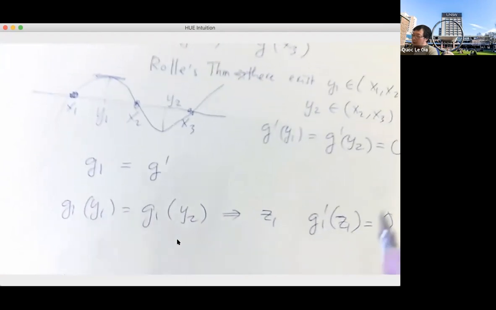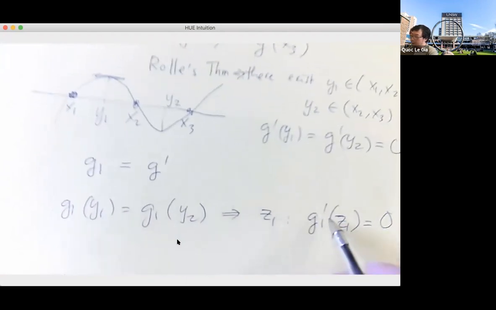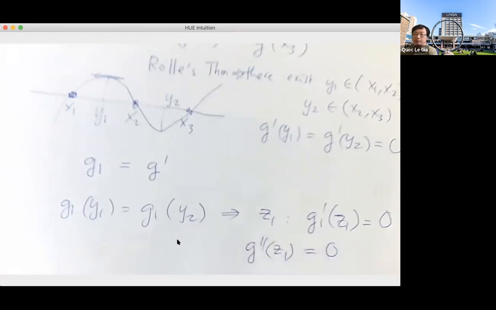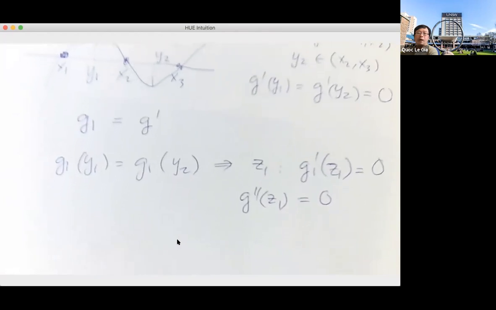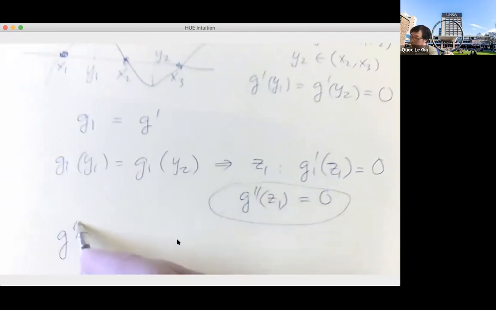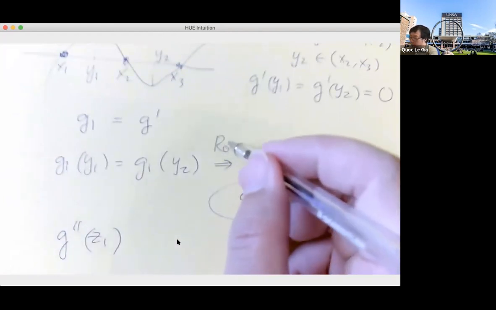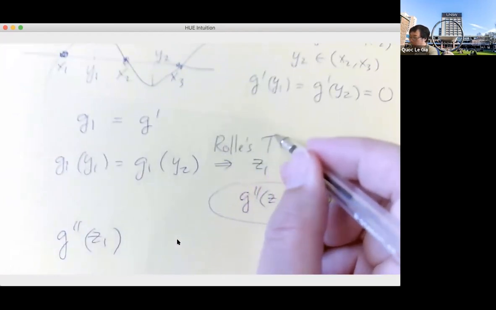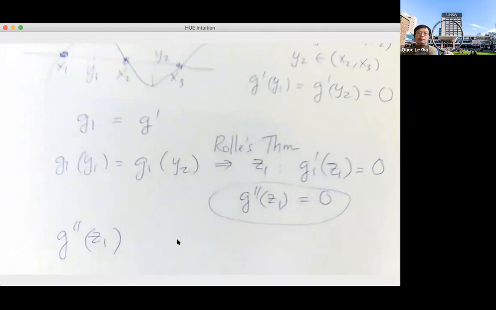And g1 prime is just g double prime, so g double prime at z1 equals 0. And now I stop here. What is my g double prime at z1? This is Rolle's theorem again, or the mean value theorem in a special case.